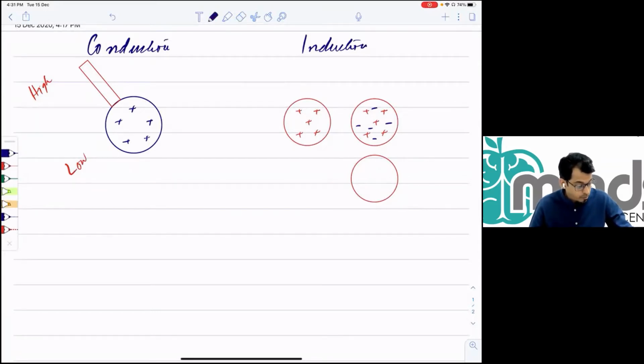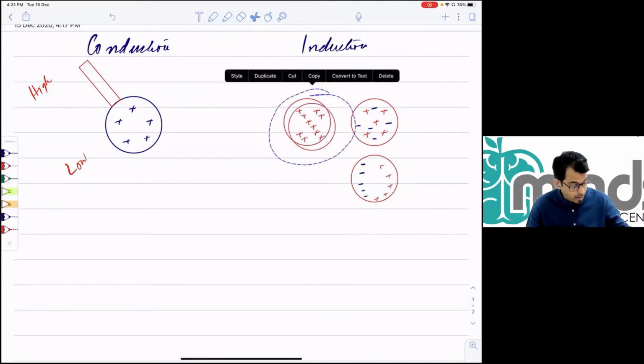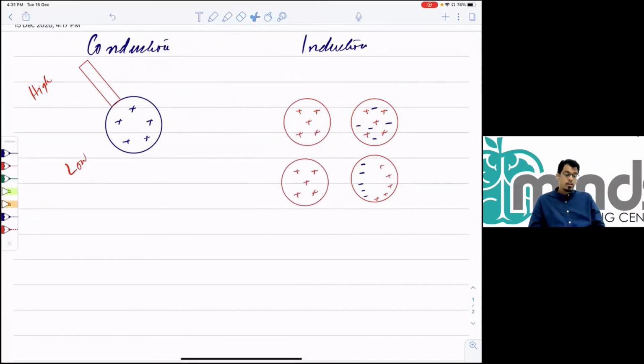All the positive will be shifted to the right, because the positive sphere will repel it, and all the negative will be shifted towards the left, because the positive sphere is attracting them, and this sphere is in the nearer vicinity of that sphere. So because of sphere A, charges on sphere B will get aligned.